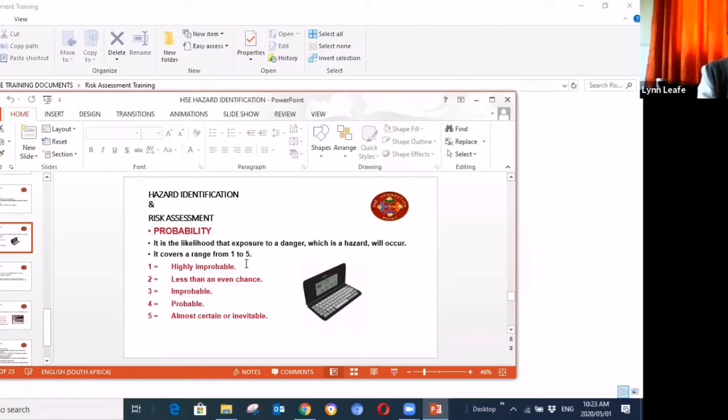Also make sure that you have a column on your risk assessment, and I'll show you a risk assessment relating to a task. If it's almost certain to happen, you put precautionary measures in place that will make it less likely to happen.